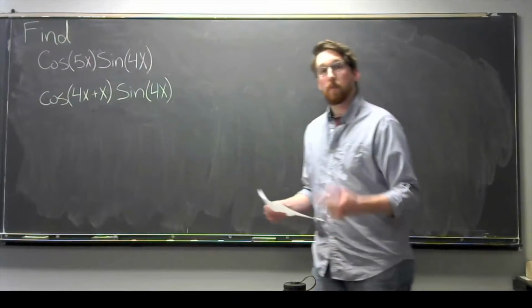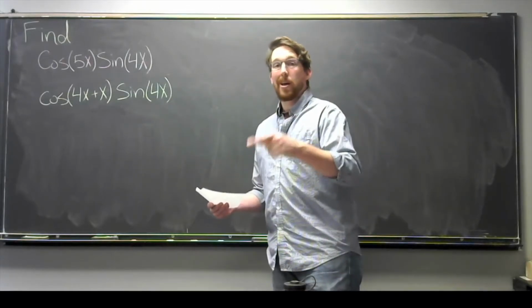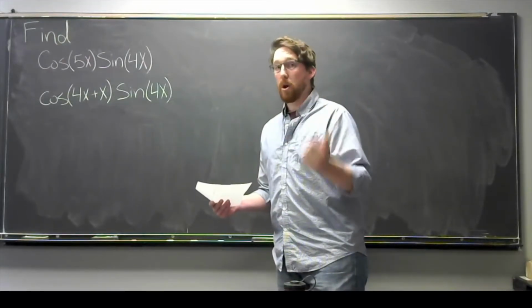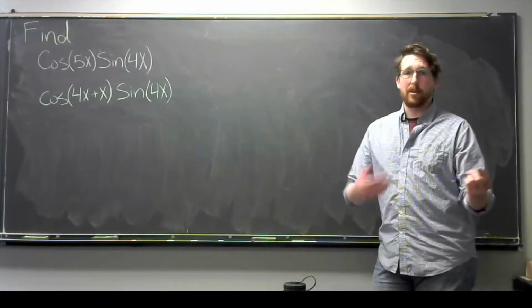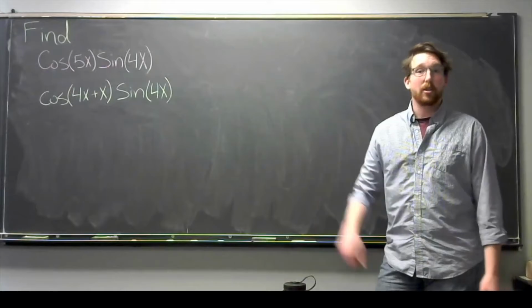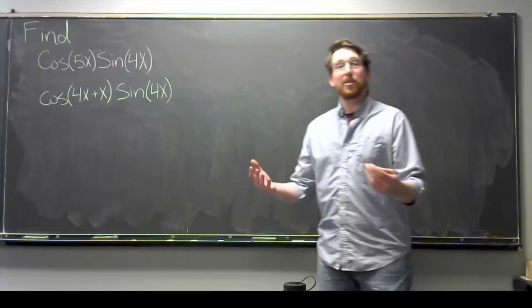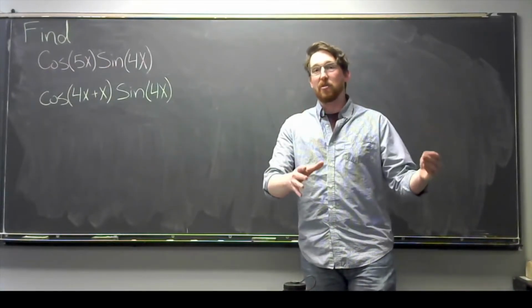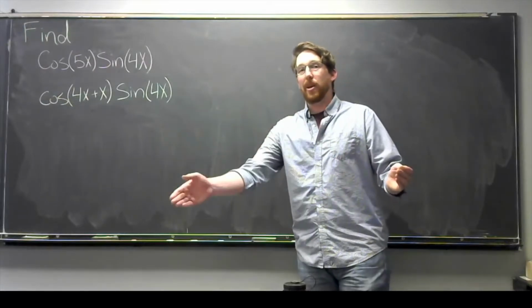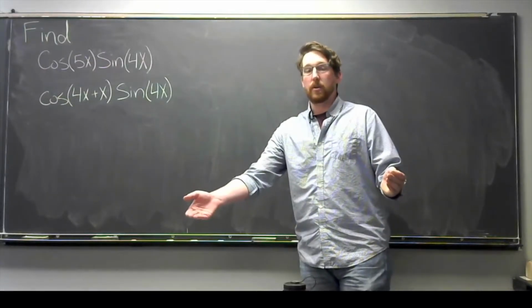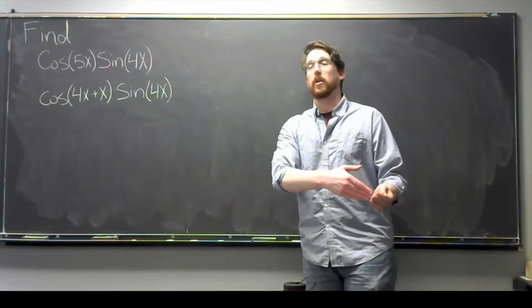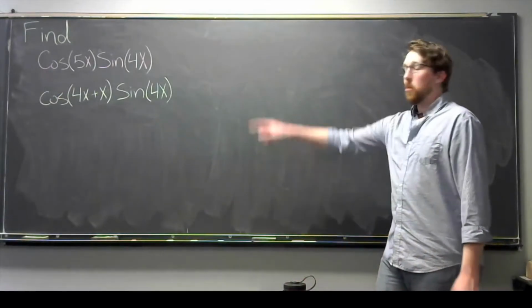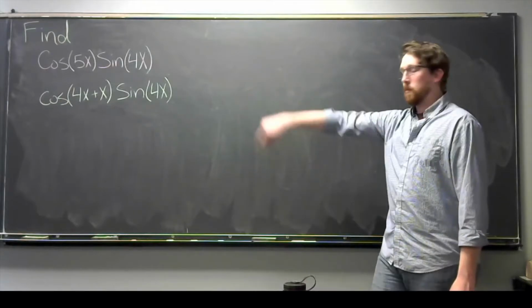One is from products to sums, and the other is from sums to products. And these are just like the table says. They're formulas that help you say, all right, I have a product of trig functions. How do they relate to the sum of trig functions? I have the sum of trig functions. How do they relate to the product of trig functions? We're going to apply that stuff here.